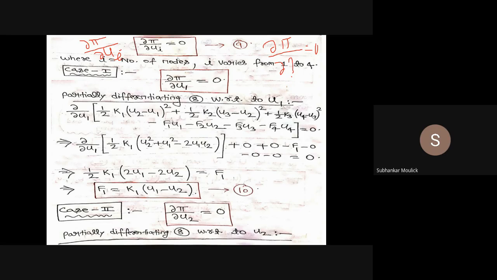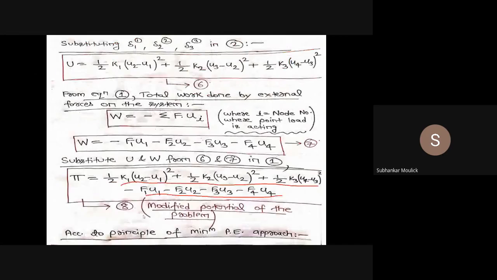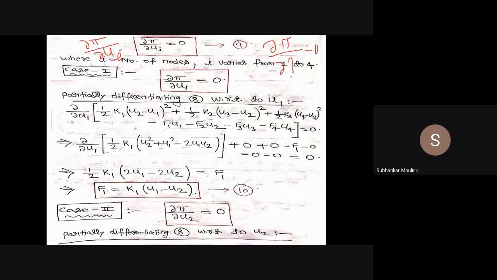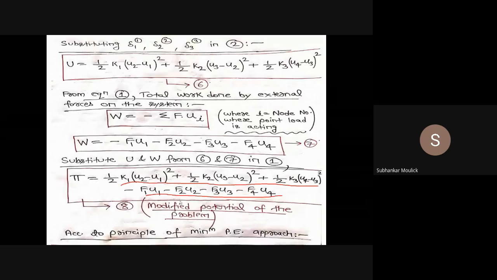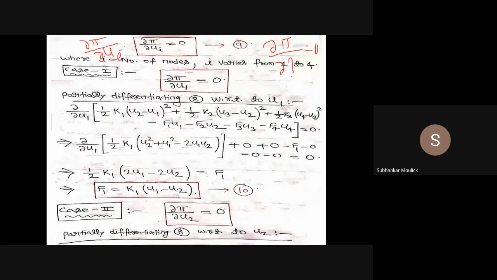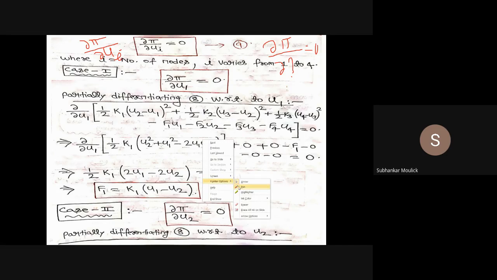So let us partially differentiate equation number 8 with respect to u1. So del by del u1 of equation number 8 is equal to 0. So del by del u1 of half k1, this is (a minus b) whole square, that is a square plus b square minus 2ab, plus the partial differentiation of the other terms. The partial differentiation of each of those terms will be 0 because there is no u1 present.